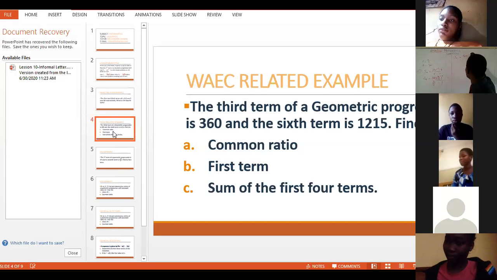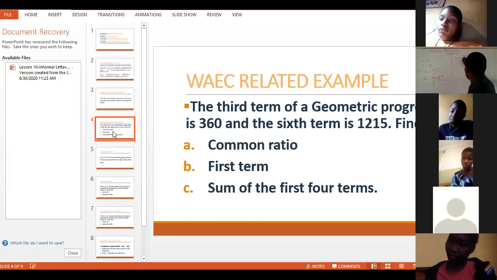So you have 81 all over 2 raised to the power 4. 2 times 2, 4. 4 times 2, 8. 8 times 2, 16. So you have all over 16 minus 1.